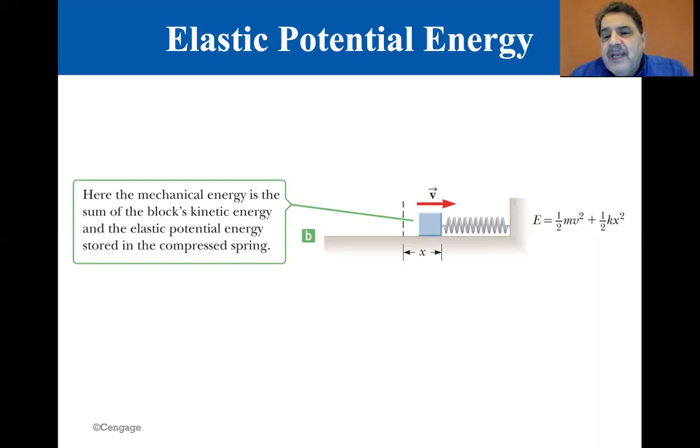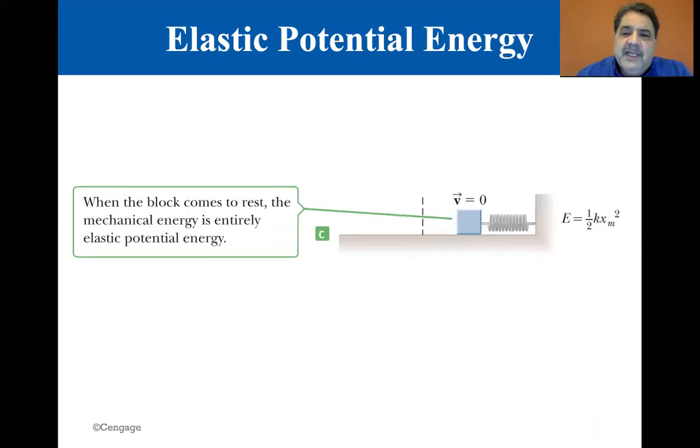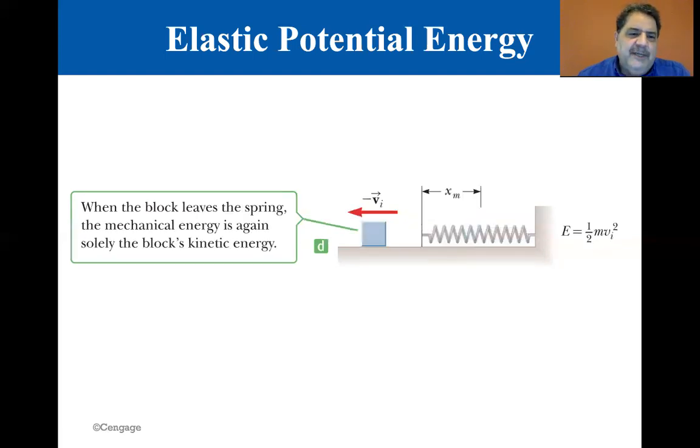Now, once that 1/2 mv squared comes to a stop, it'll all be spring potential energy, and that's in the next slide. When the block comes to rest, the mechanical energy is entirely elastic potential energy.